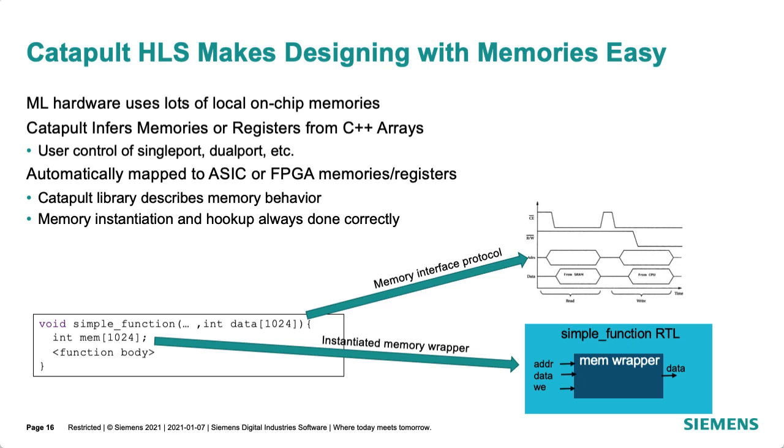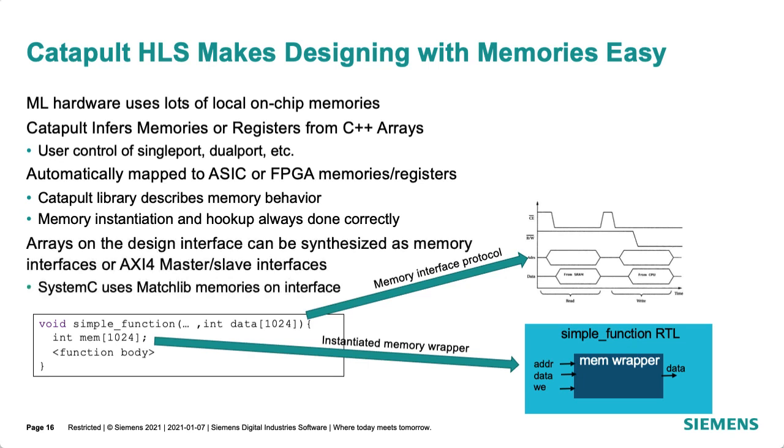Internal arrays will be inferred as an instantiated memory wrapper where the address, data, and control signals are correctly hooked up for ASIC, or an inferable memory for FPGA. Arrays on the design interface can also be synthesized as an AXI memory master or slave interface if a more complex protocol is desired. For SystemC, MatchLib memories are used on the design interface.